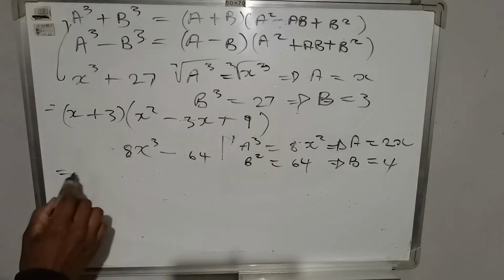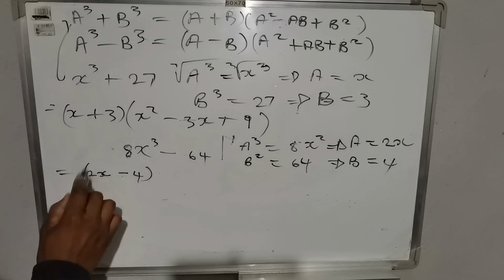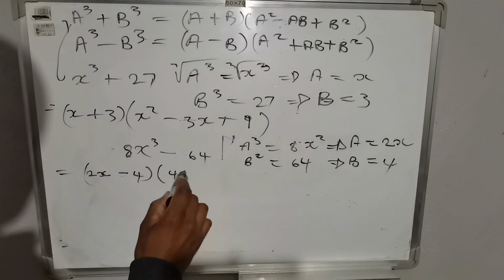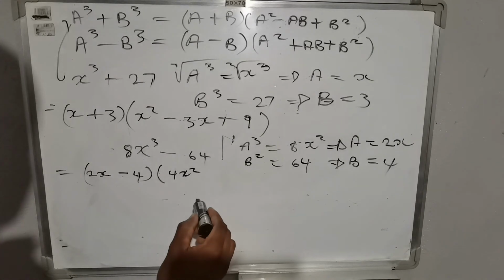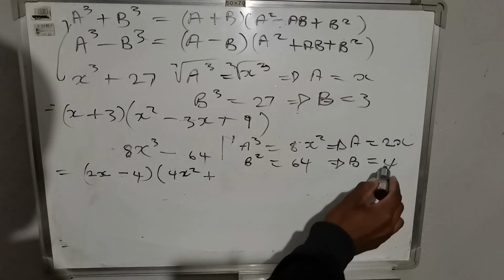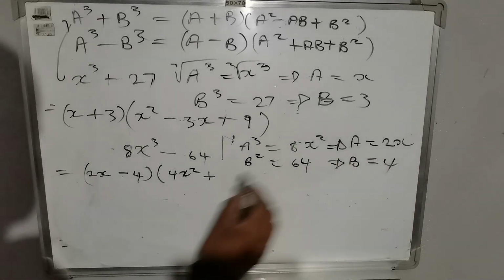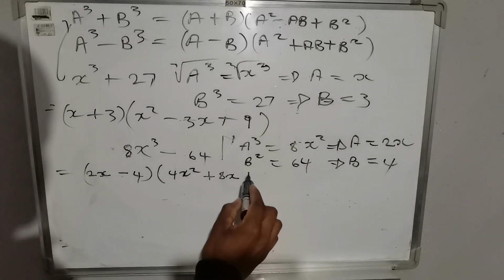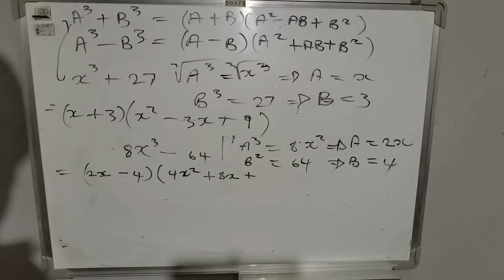So this would be equal to our a, which is 2x minus 4, into a squared. That would be 4x squared because we're squaring everything there, plus, because we're substituting on this one, plus 4 times 2, that would be 8x, plus 4 squared.